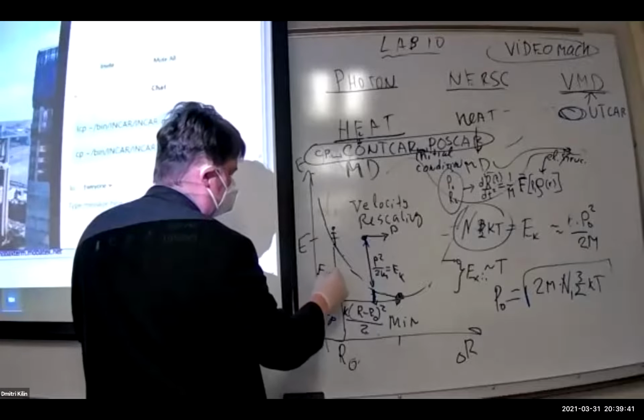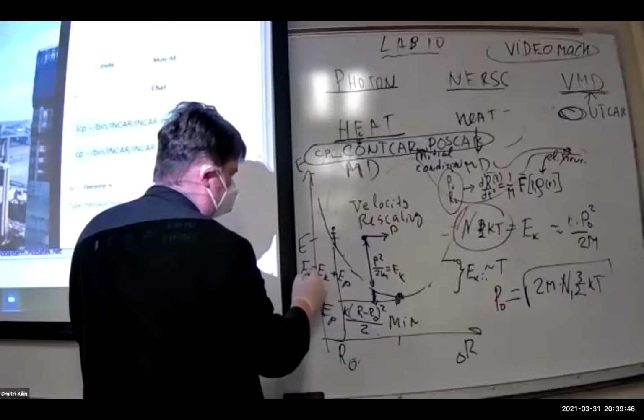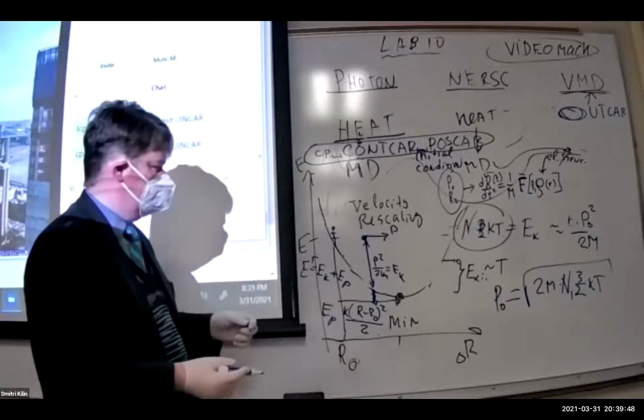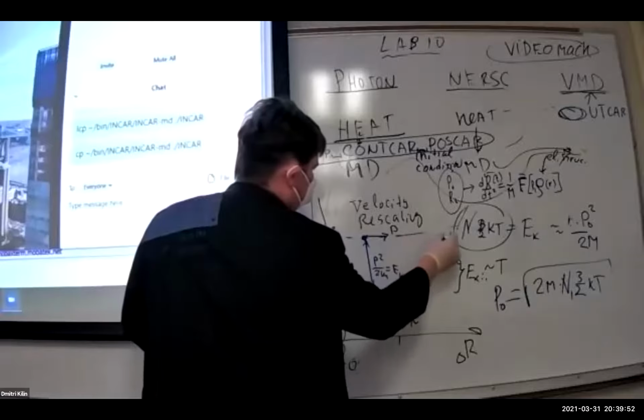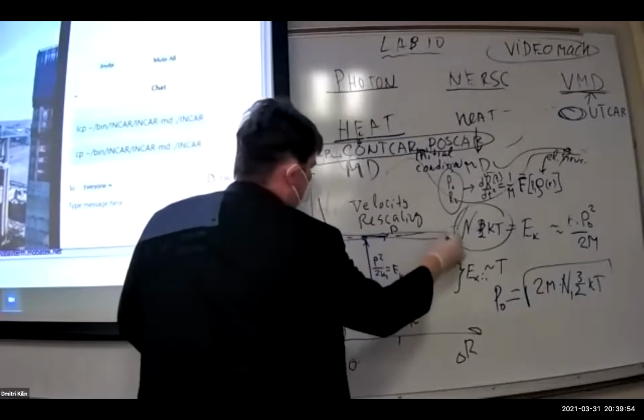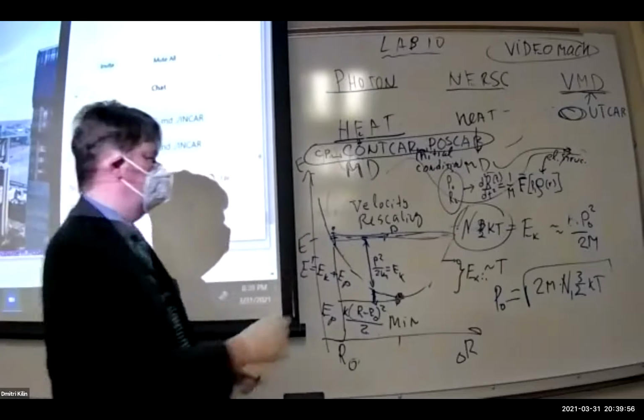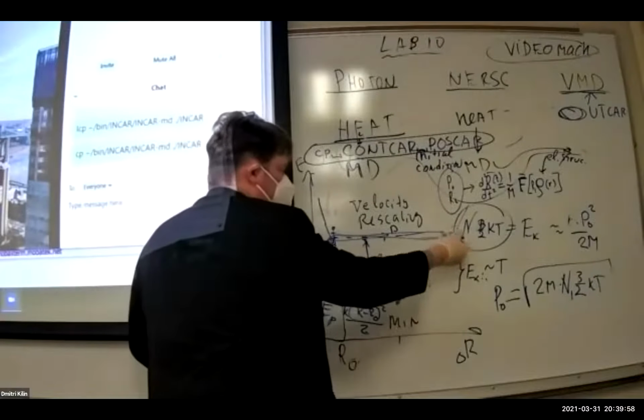Okay. And kinetic plus potential is total energy, which is constant. So this is symbolized by a particle moving on the equal energy line until the turning point, and then it returns back.